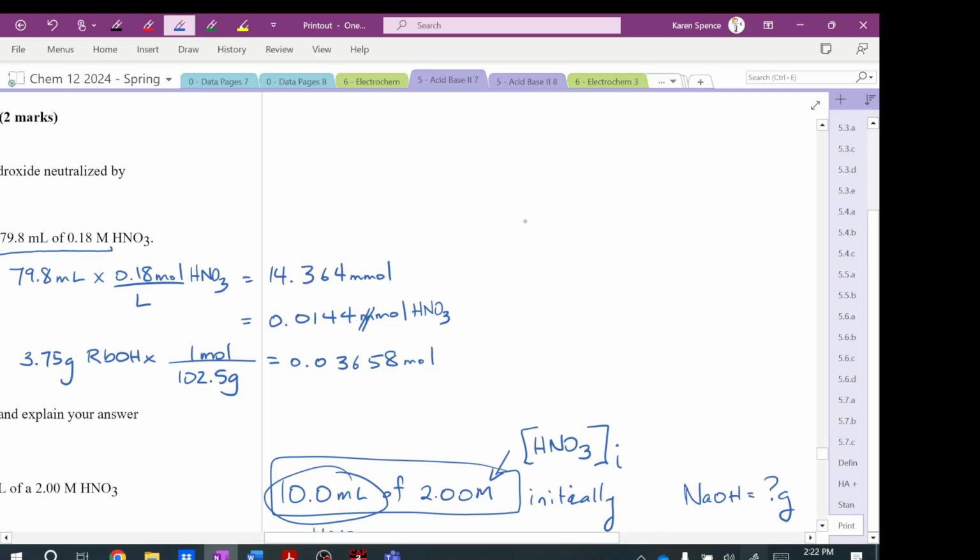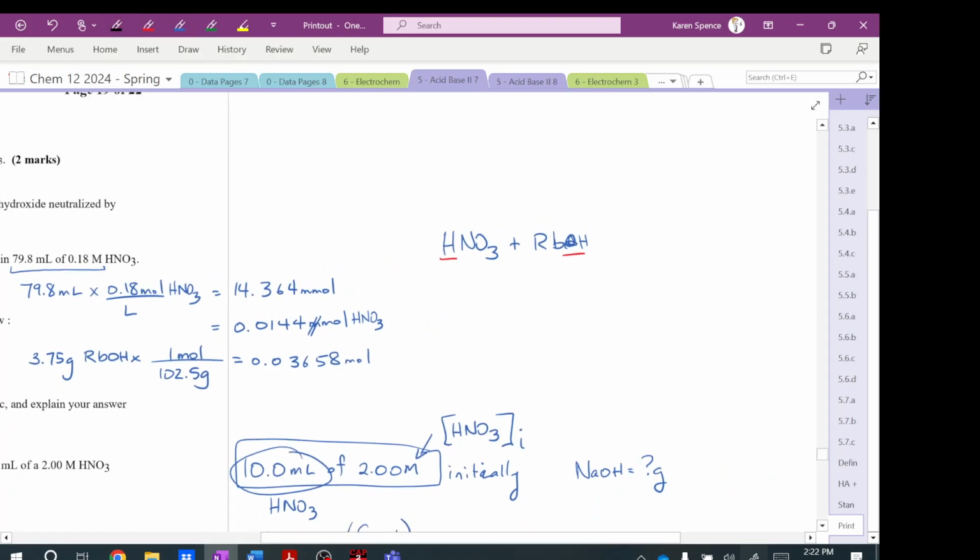So now we have HNO3 plus RbOH. What's the ratio going to be between those two? 1 to 1, 2 to 1, 1 to 2. What's it going to be? 1 to 1 because we have one H and one OH. Because this is a written response, I would probably write the products, RbNO3 plus H2O.